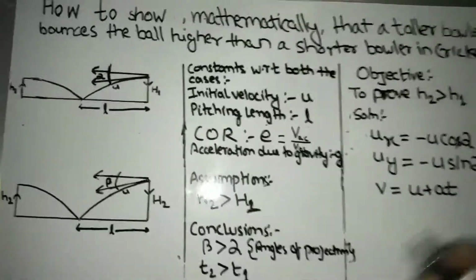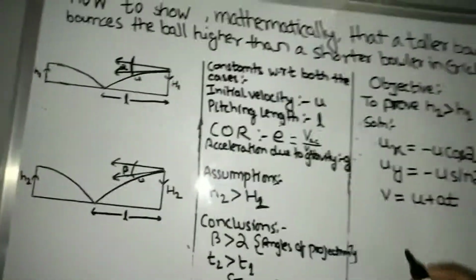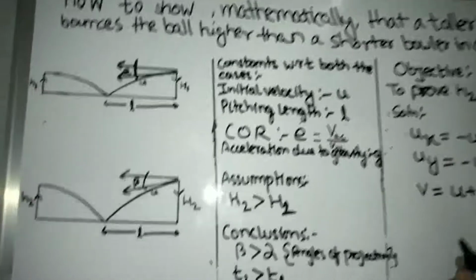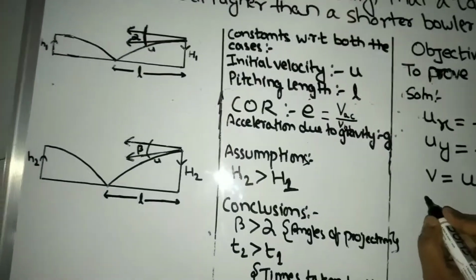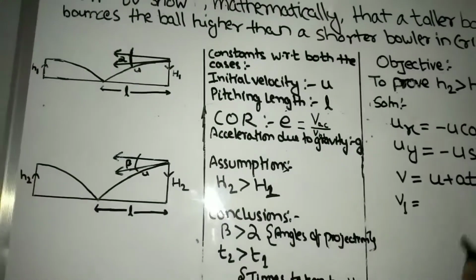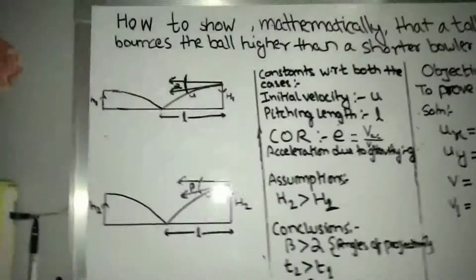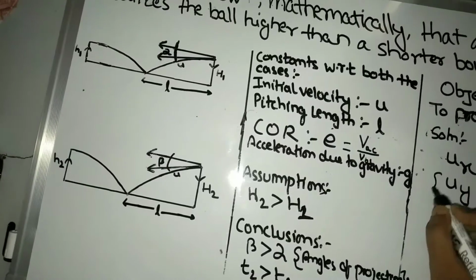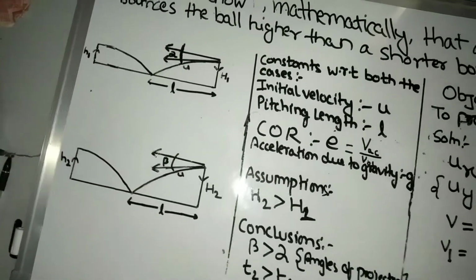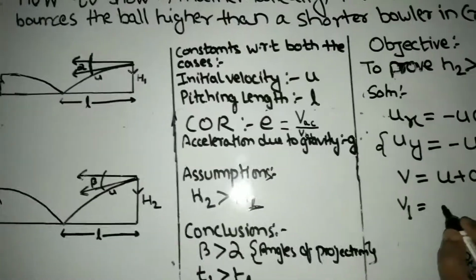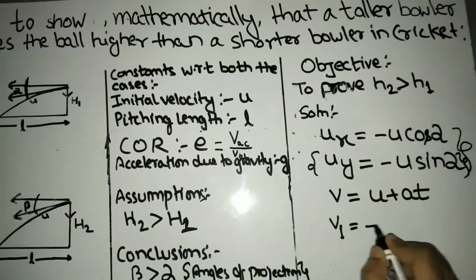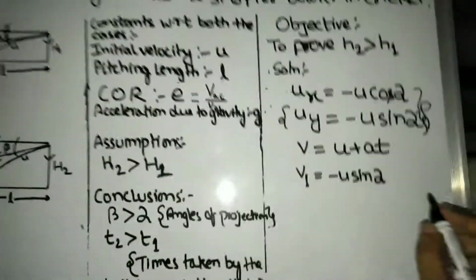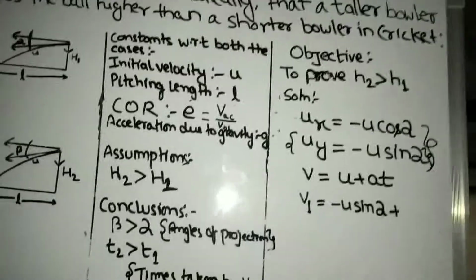Now, let's call the vertical component of the velocity right before hitting the ground v1, and it is equal to, of course, since we are talking in terms of the vertical parameters, that's why we will consider this velocity, which is minus u sin alpha, plus a.